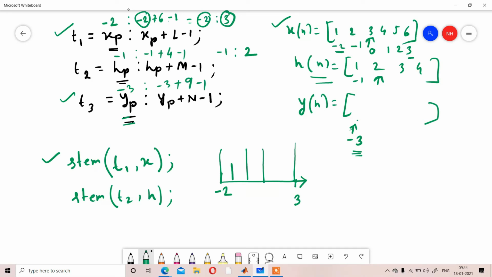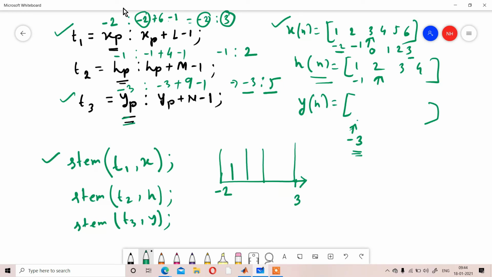So plus 9 minus 1, 9 minus 4 is 5. So it will be from minus 3 to 5. If we do the stem T3 y, it will display the values from minus 3 to 5. So that will be the index position for x, h and y. If we display that, you will get the final result. Okay, so clear?